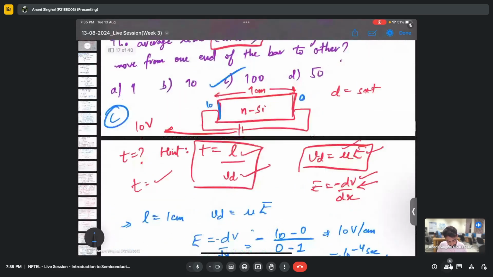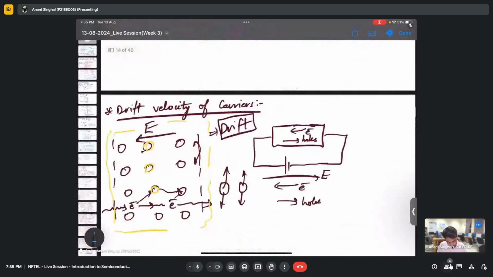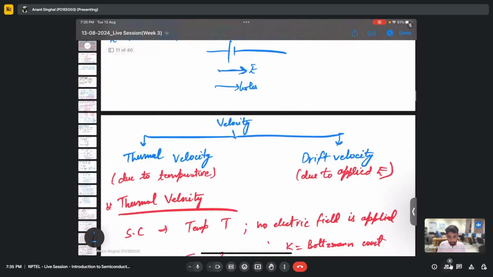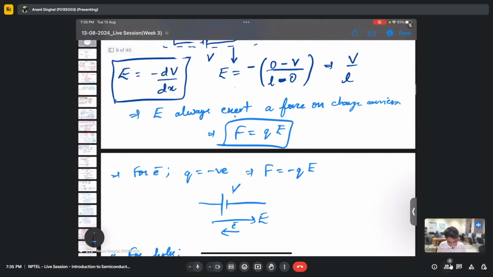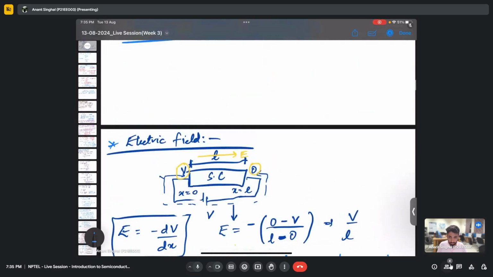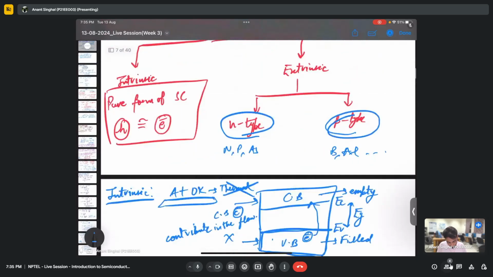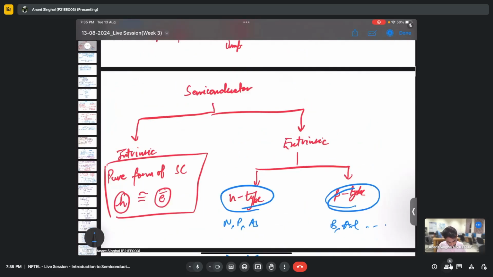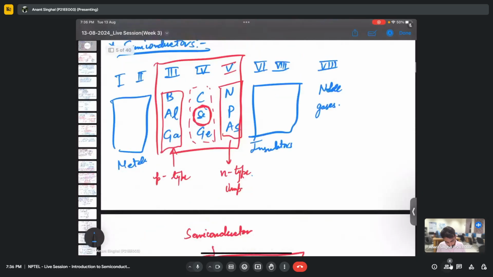So as you can see, today I first covered all the very basic terms so that you can get the idea of the meaning of each thing, like thermal velocity, drift velocity, electric field, and then I went to the problem. So that way we can get a better overview of the course. I've even gone towards the semiconductors.